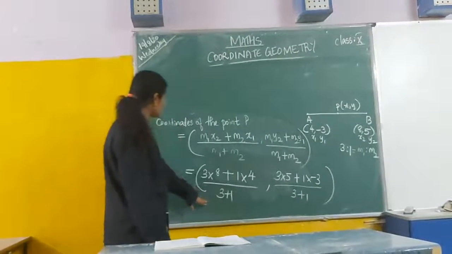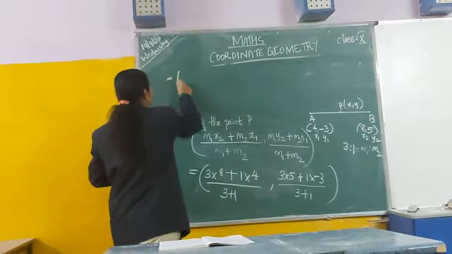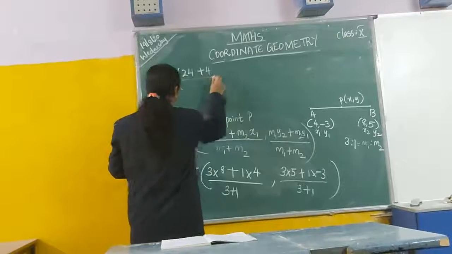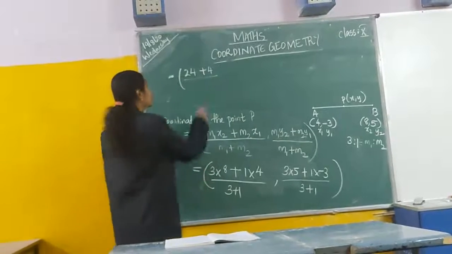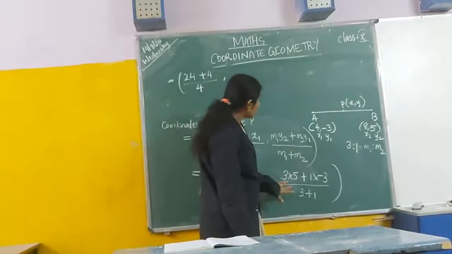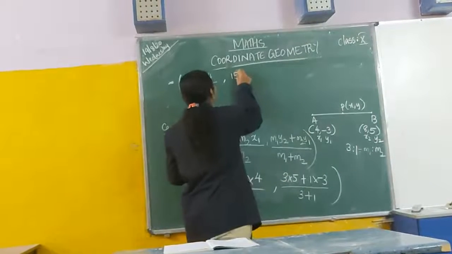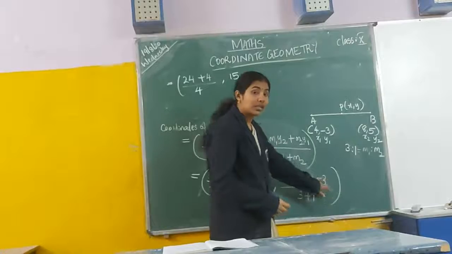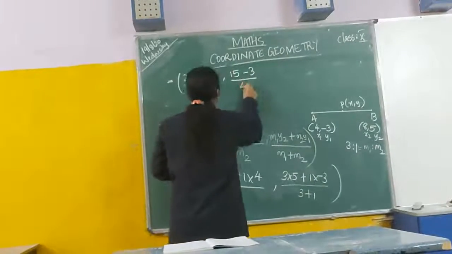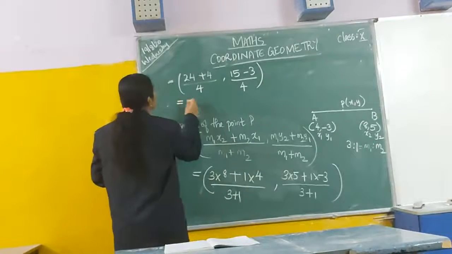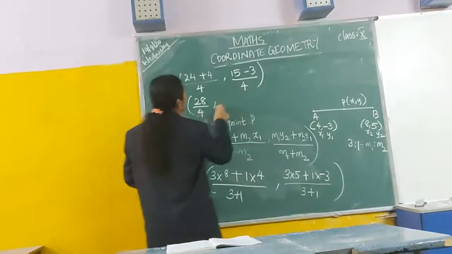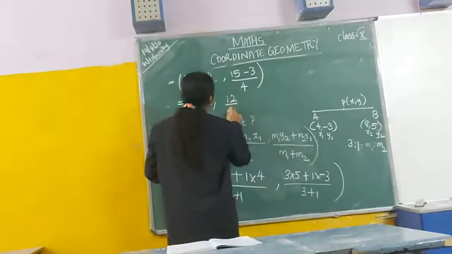Now when you are solving this one, 3 8s are 24 plus 1 4s are 4, divided by, what is the denominator? 3 plus 1, that is 4. See the second coordinate, 3 5s are 15 plus 1 into minus 3, that is minus 3, divided by 3 plus 1, 4. So when you are solving this one, 28 divided by 4 and here 12 divided by 4.